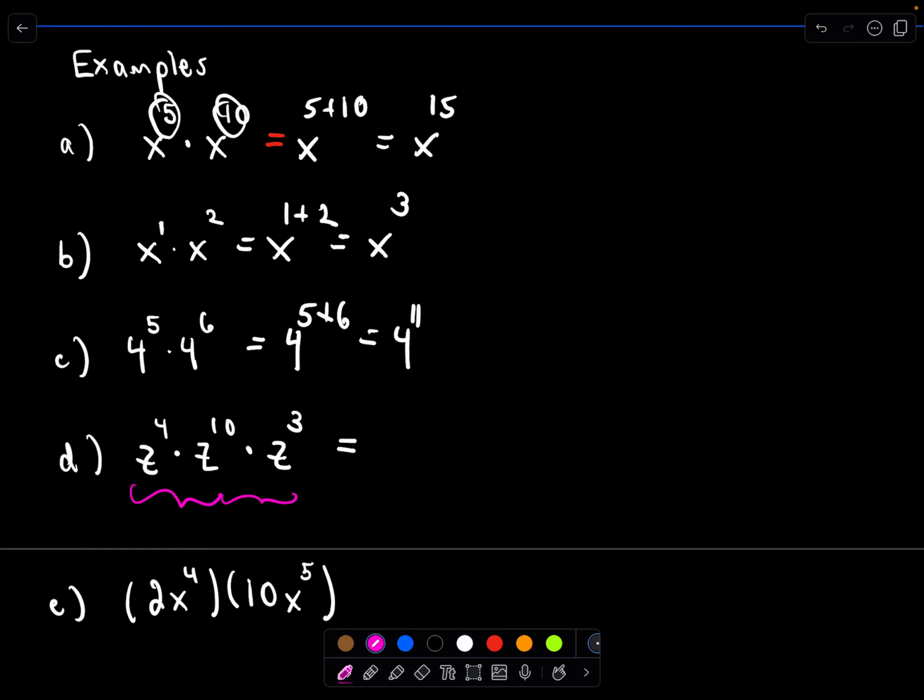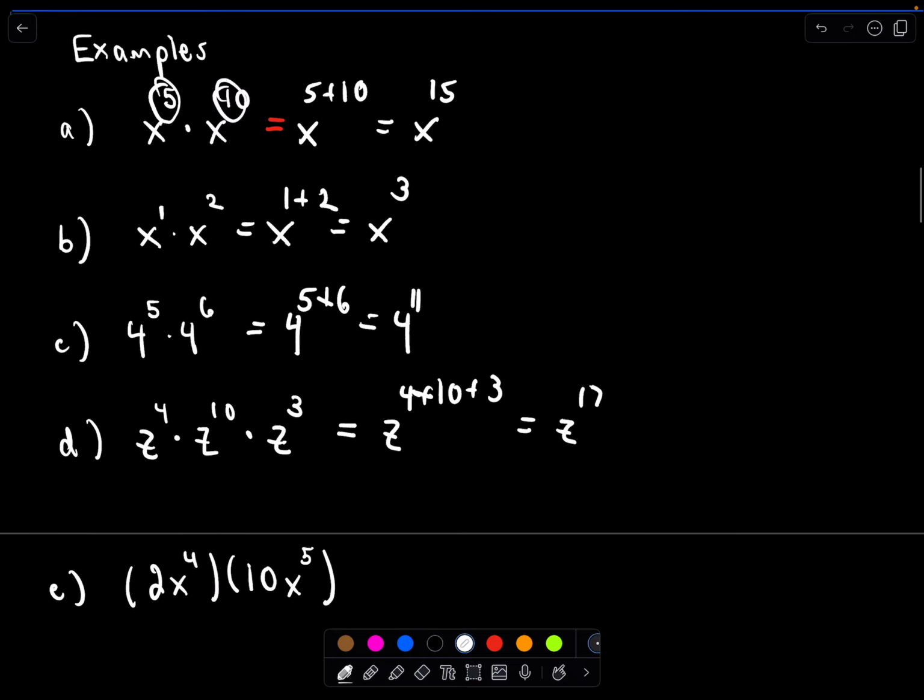So z to the 4th times z to the 10th times z to the 3rd. Again, all I'm going to do is recognize that those are all like bases of z. And since it's multiplication, we simply add those together. So 4 plus 10, that's 14, plus 3, that's 17. We'll get z raised to the power of 17 after we simplify.